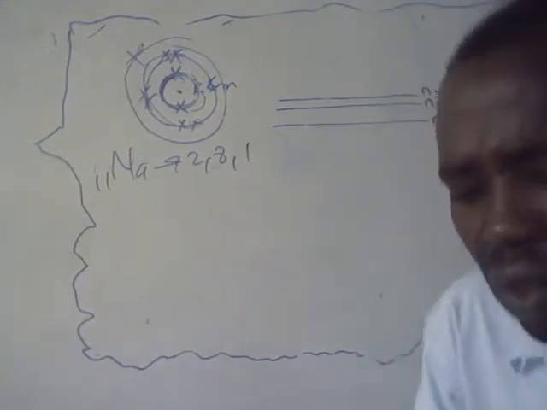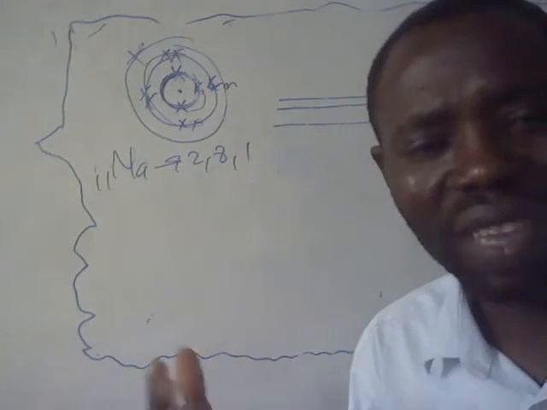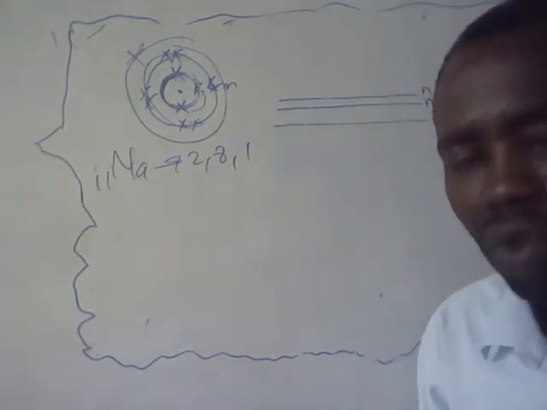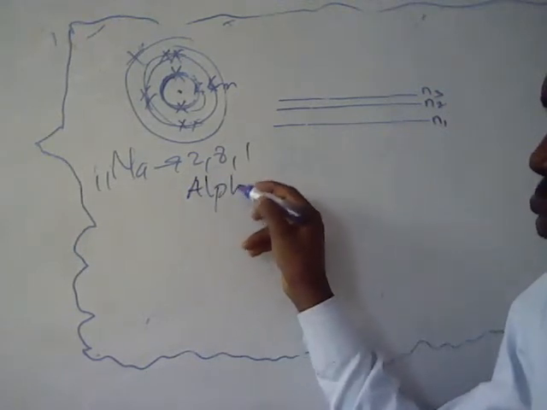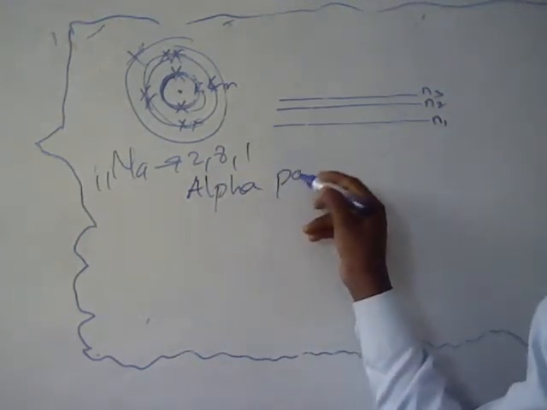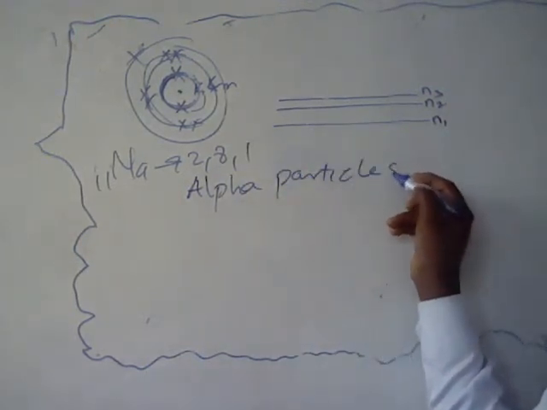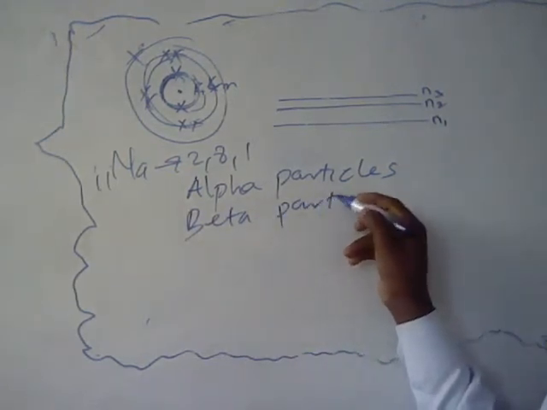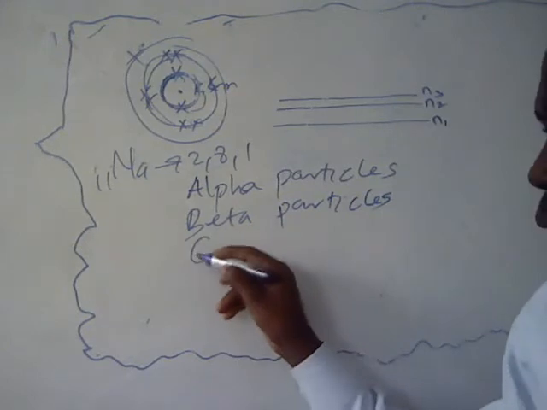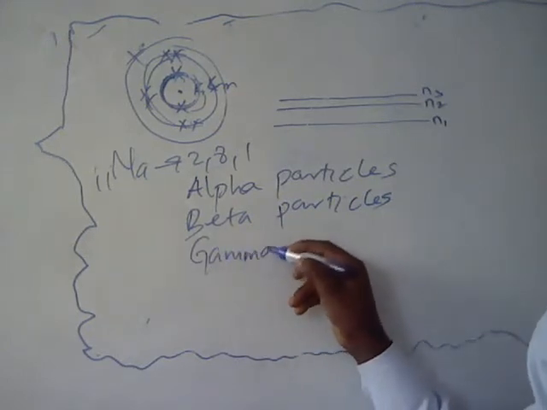There are many. The radiations they emit are alpha particles, beta particles, and gamma rays.